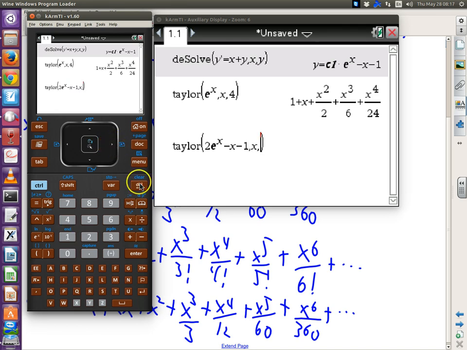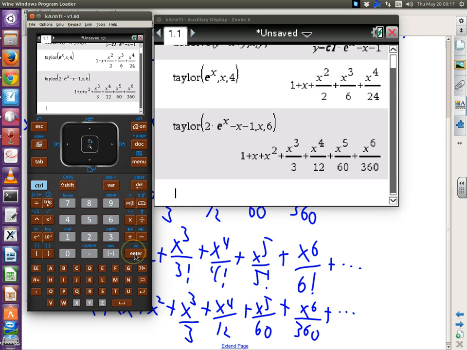Didn't we have 6 terms? And there it is. That's exactly what we had. Amazing. Notice it defaults not to Taylor but to Maclaurin. So what if I didn't want Maclaurin? It expands near 0. What if I wanted to expand near 1?